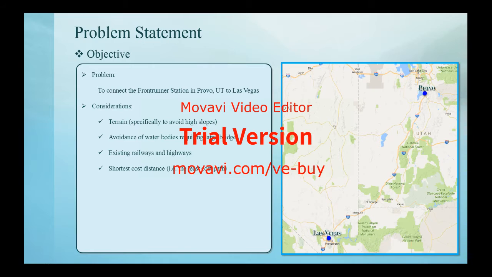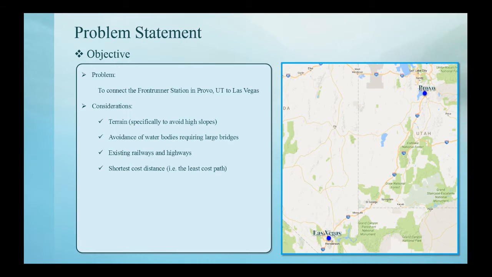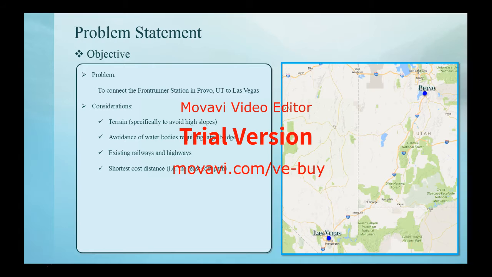And the second is avoidance of water bodies requiring large bridges, because large bridges are costly for construction, so we have to avoid large bodies of water. The third is existing railways and highways.